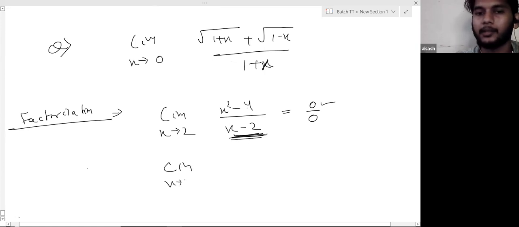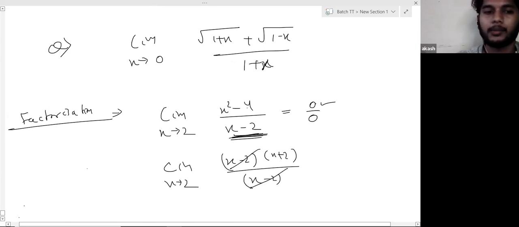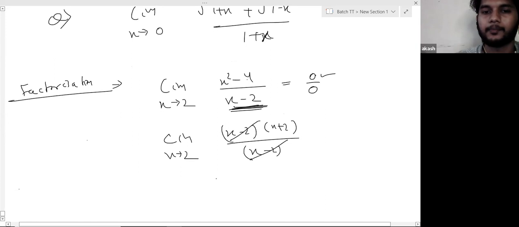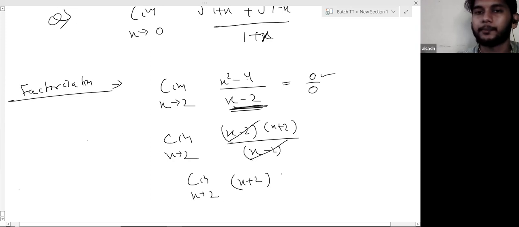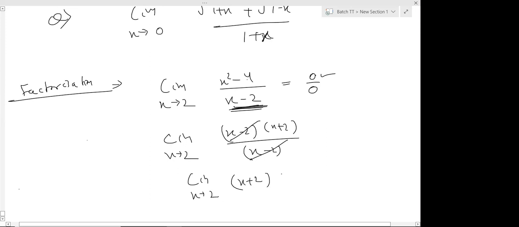So limit x tending to 2, how can we factorize? This is x minus 2, x plus 2 on x minus 2. This we can cancel out. So now the question becomes limit x tending to 2, x plus 2. Yes or no, everyone? Yes, sir.